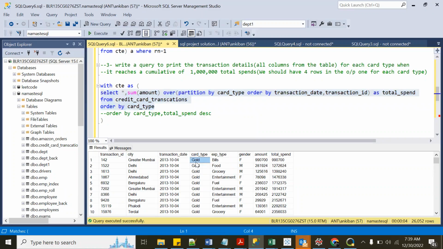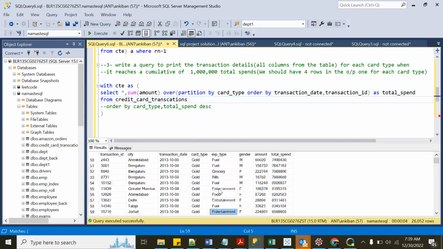So is it like so much sales is there in one day itself, right? Okay, I should have taken a bigger amount. Anyway, it is reaching on the second transaction itself. It is reaching 1 million sales, right? So I need this row basically for gold card type, right? This is not required. Let's go to the next card type.